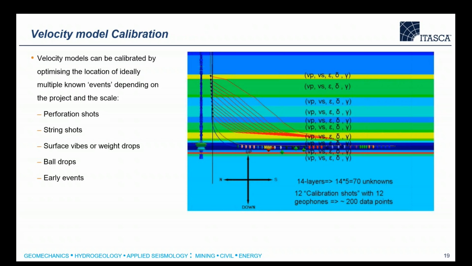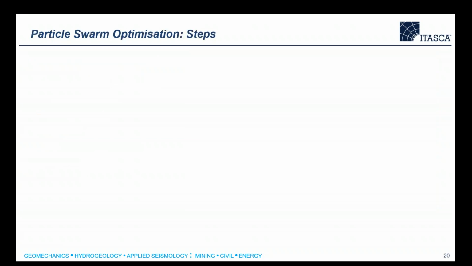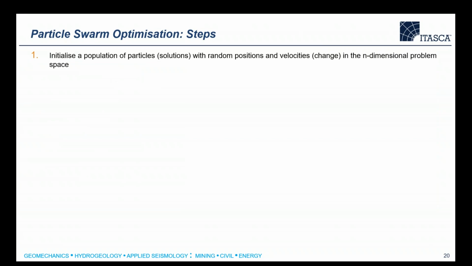So that is quite a large number of variables to play with. It takes time, but that's why we use the particle swarm optimization to deal with this multi-dimensional search.